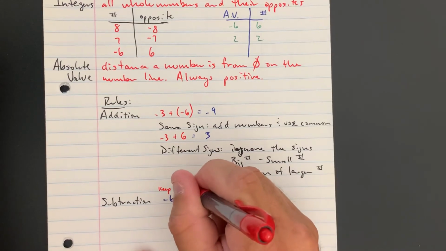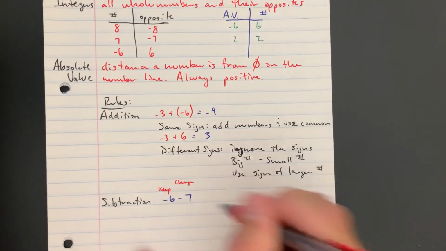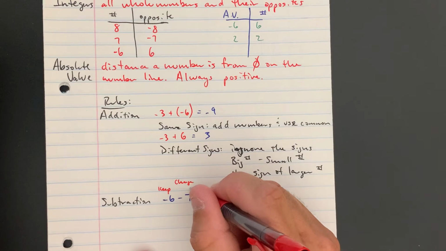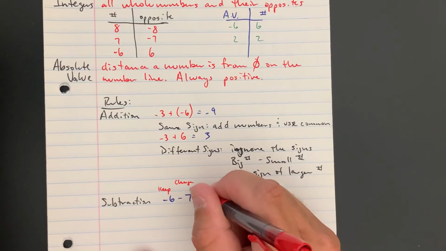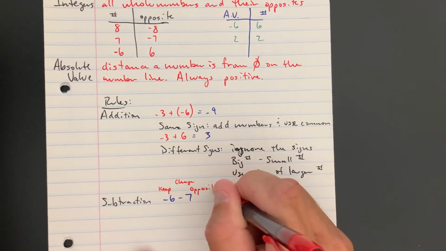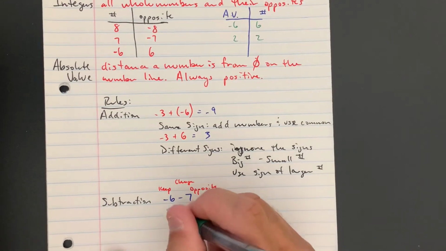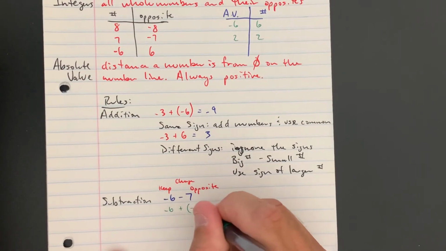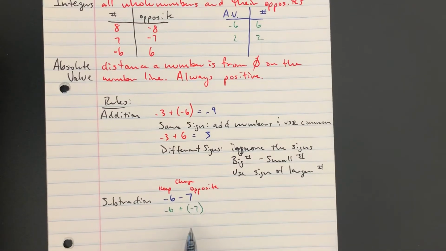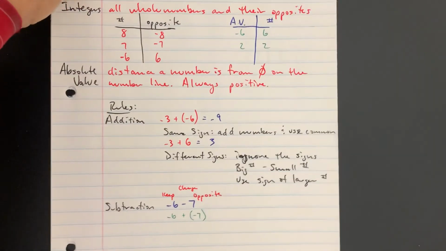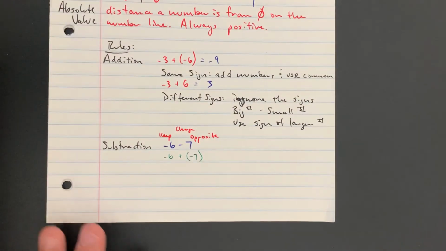I'm going to change the subtraction sign, and then I'm going to make that next term its opposite. So I'm going to change this to -6 plus -7. And now I can use my addition rules that we have above. So that's the rule I always follow there.